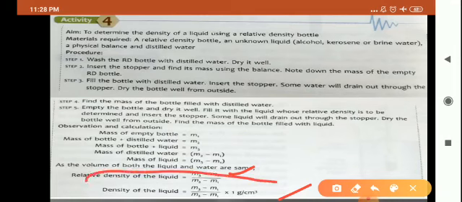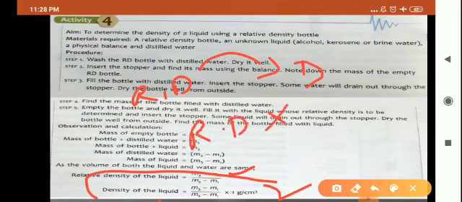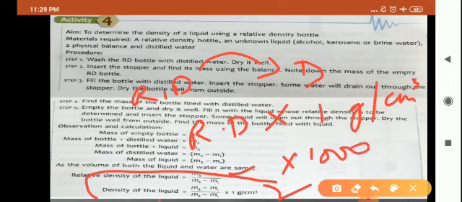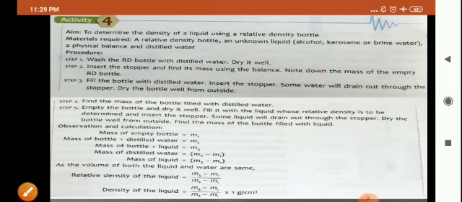I have already given you this in the notes: from the relative density value, if you want to get the density back, what will you do? You multiply the Rd value with either 1 gram per cubic centimeter or with 1000 kg per cubic meter. The same thing has been done here.